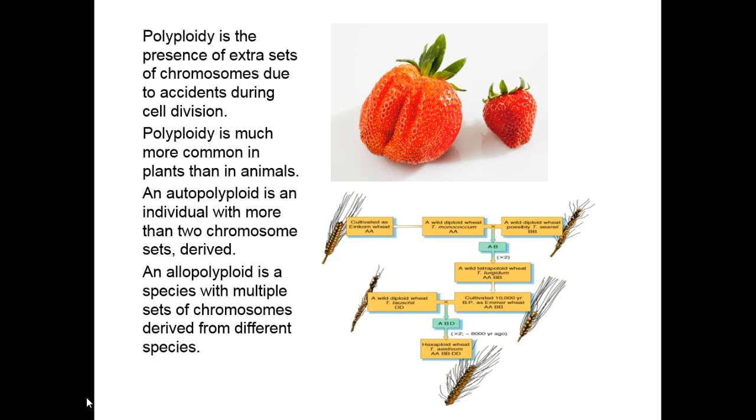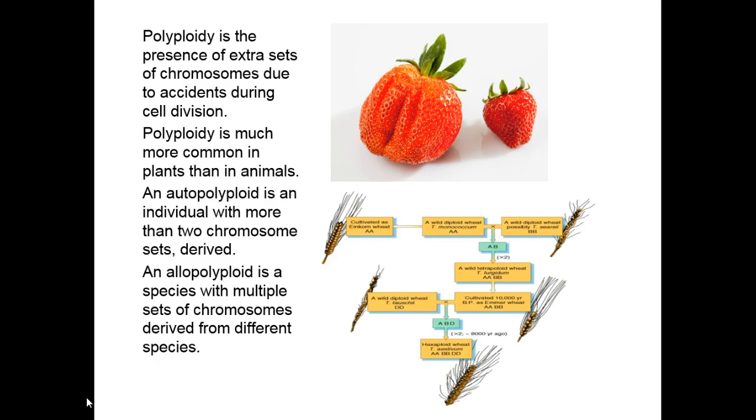Polyploidy is something that can take place in any species, but in animal species, this presence of extra chromosomes tends to lead to a non-viable zygote. So there is no offspring. But in plants, it happens pretty often. This image isn't from your book, but you have the strawberry on the left that is shaped like this, and everybody's probably seen a strawberry like this because of the presence of extra chromosomes.